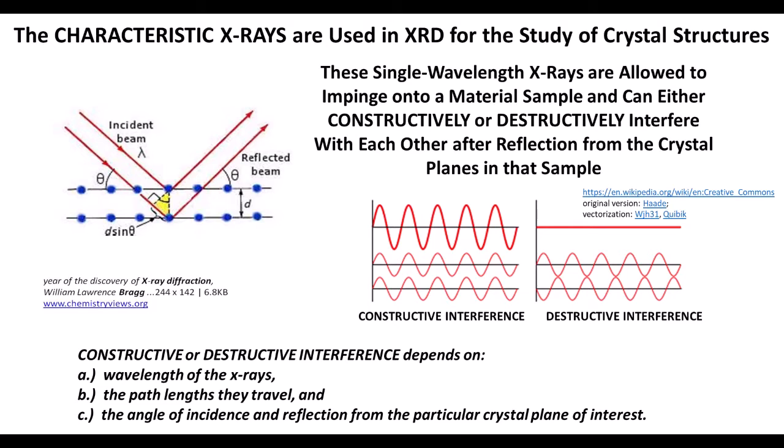The concept of constructively interfering waves of X-rays is such that the X-ray waves going into the sample will be in phase with the exiting X-rays from the diffraction event in the sample. After the scattering, destructive interference will occur when there's a non-integer path length difference between the X-rays that are traveling through the crystal.